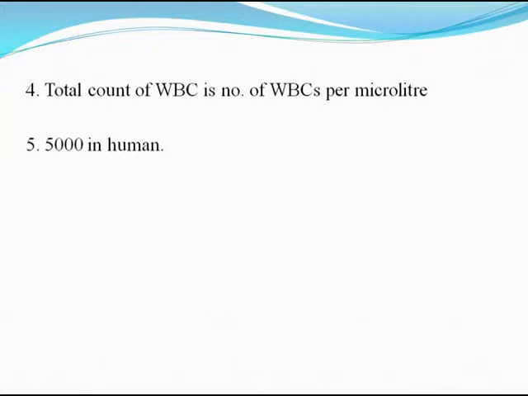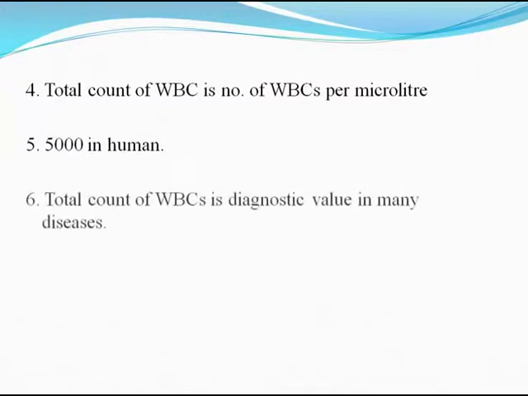It is about 5,000 in humans, and it is also a diagnostic value in many diseases, because the number of WBCs rises abnormally in acute infections and inflammations, and in some cases, such as folic acid deficiency, the total count falls abnormally.